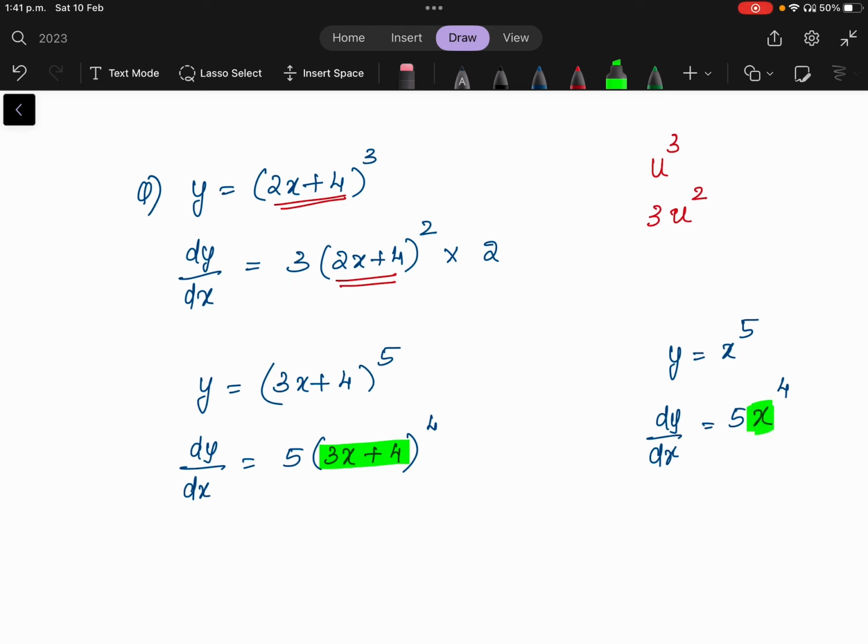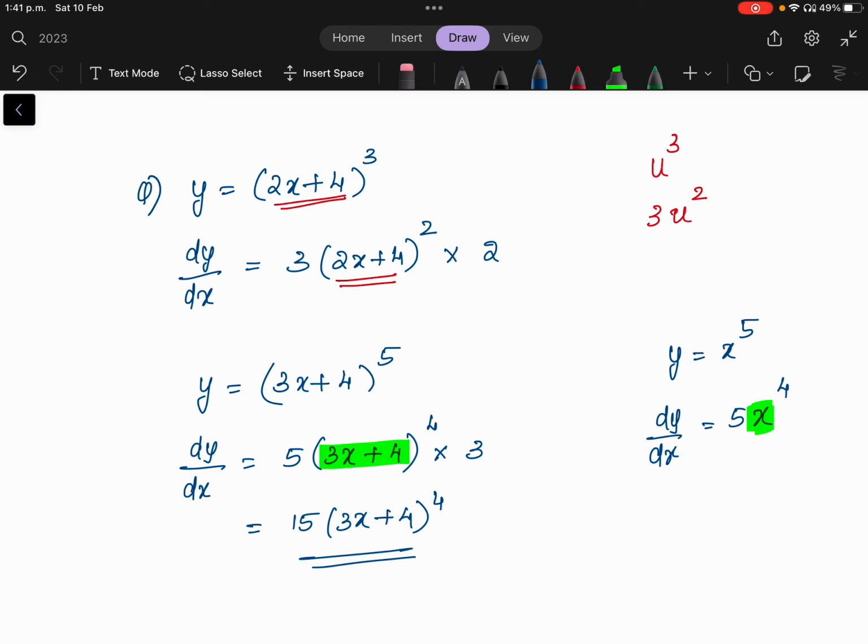In our question, it is 3x plus 4, not x. So anything other than x, you have to differentiate. Its derivative is 3, and you can simplify this as 15 times 3x plus 4 to the power of 4. That is my rule: anything other than x, you differentiate.